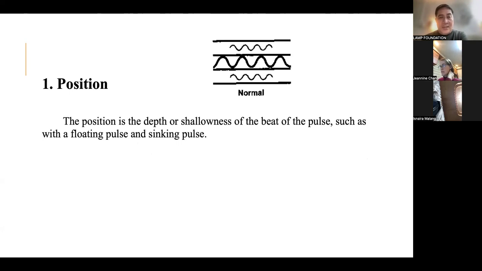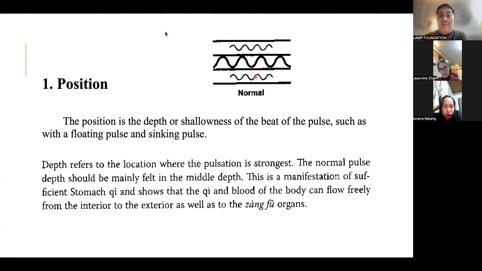That's why we have a floating pulse and a sinking pulse. Position refers to the location where you feel the pulse as strongest. The normal pulse should be mainly felt in the middle depth. Please remember this.